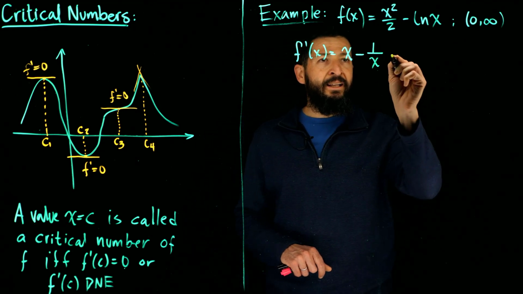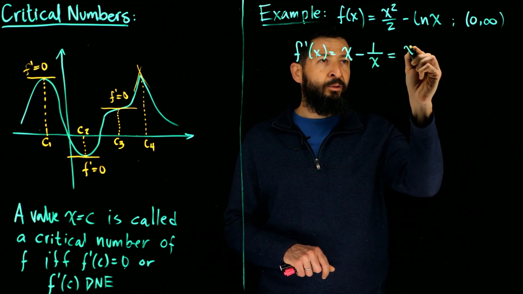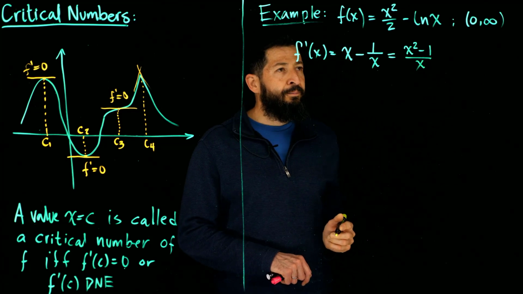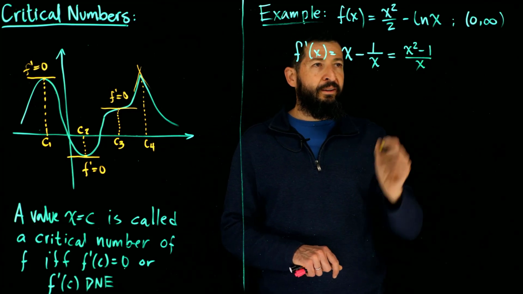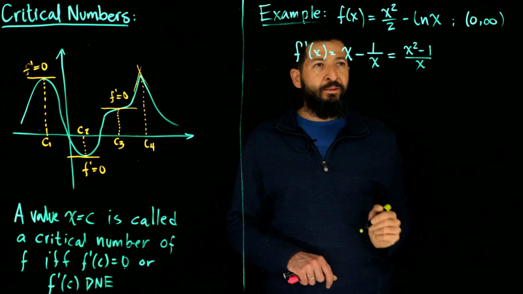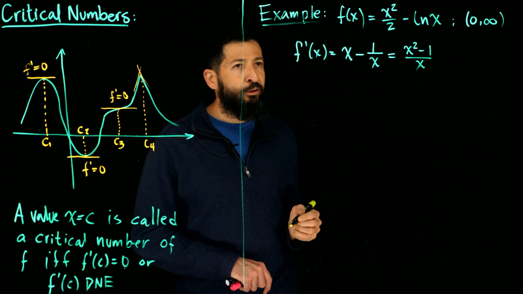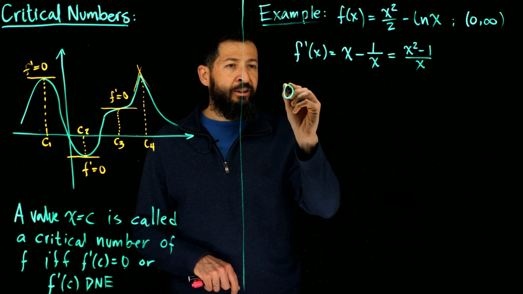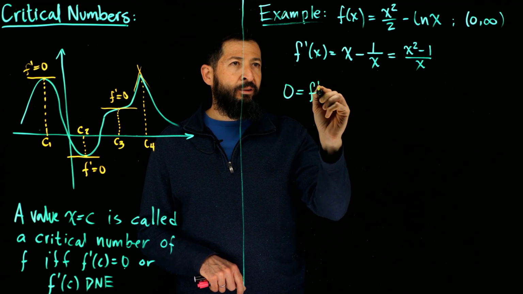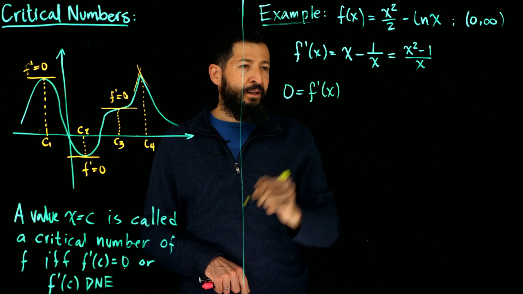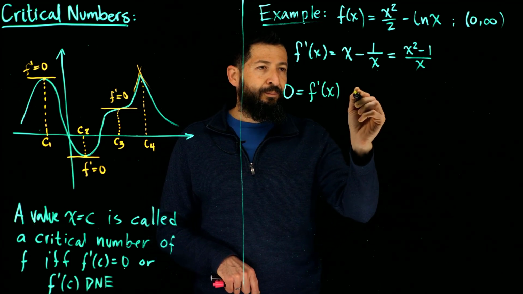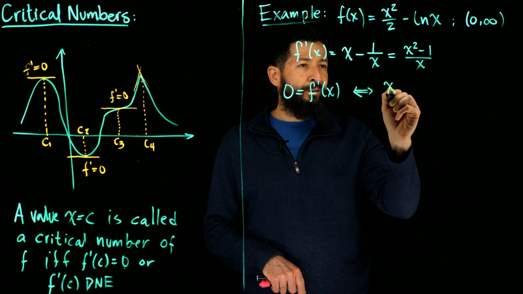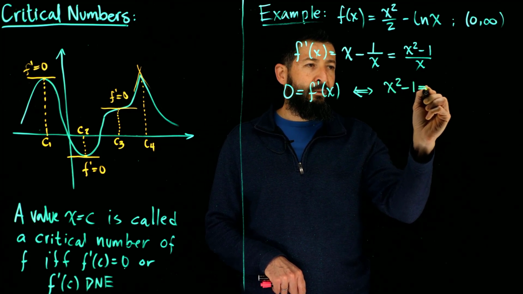And then I can simplify by doing a common denominator right there. So multiply x times x gives me x squared minus 1, over x. And so I have to find two things. Either 0 equal to the derivative, in which case that's going to be true when x squared minus 1 is equal to 0.